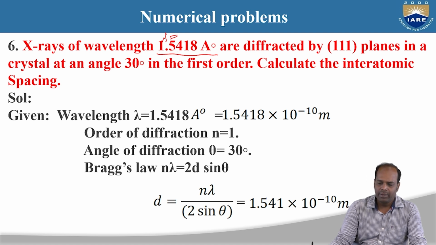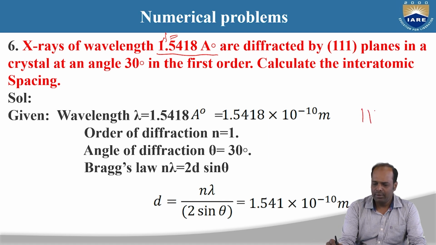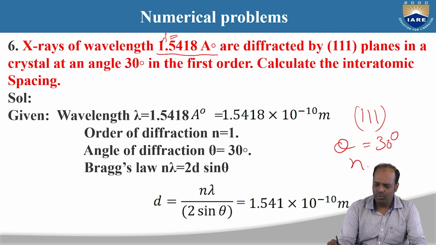Then the diffraction plane they gave is the 111 plane. Then for a crystal, theta is equal to 30, and in the first order, n is equal to 1.